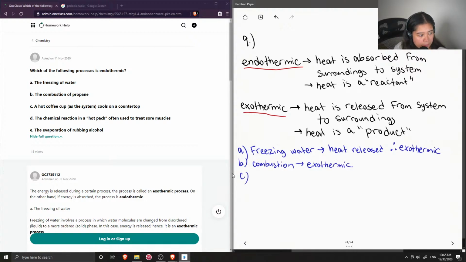C, we have a hot coffee cup as the system cools on a countertop. So coffee cooling. This is similar to when water is freezing. The heat is being released from the system to the surroundings.